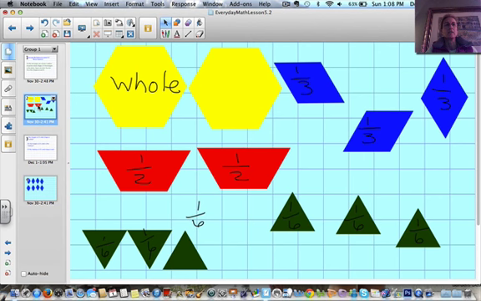Okay, so back over here again. If the rhombus is 1/3, what shape is 1 whole? That one's probably pretty easy because it matches with the very beginning of the lesson when we first started. I'm going to move this back on top of the triangle. All right, let's go back for another question.